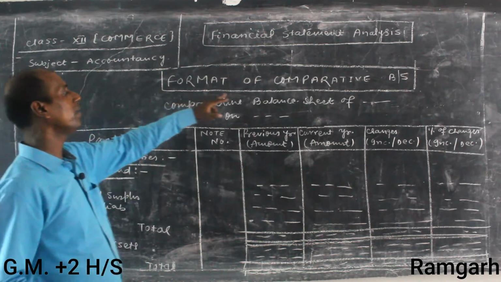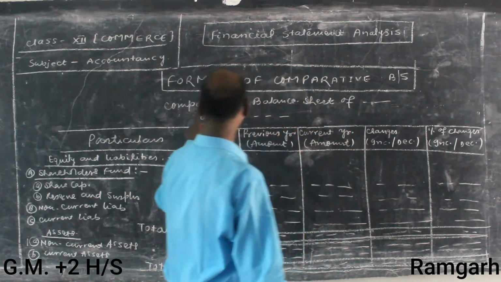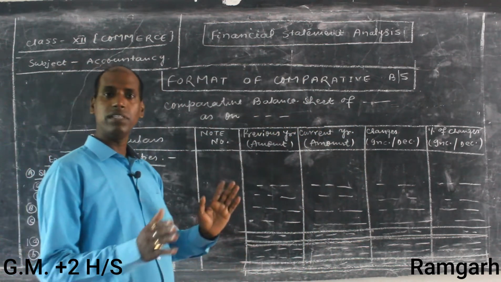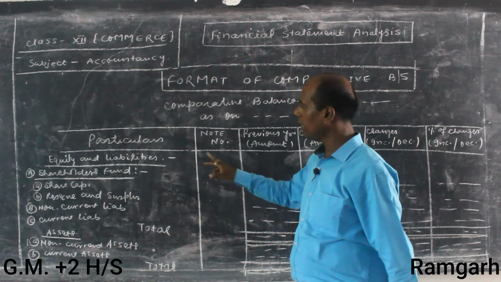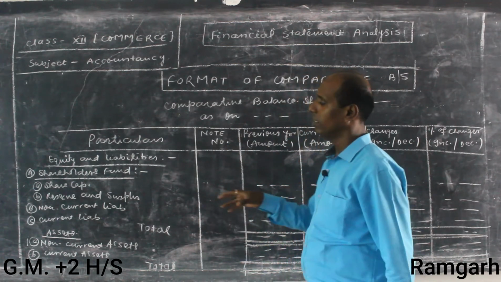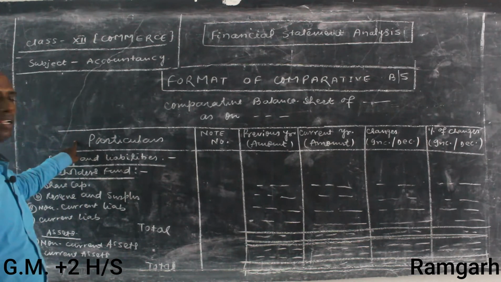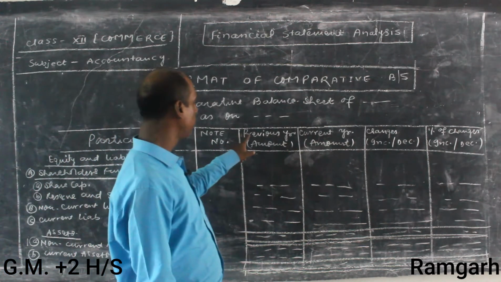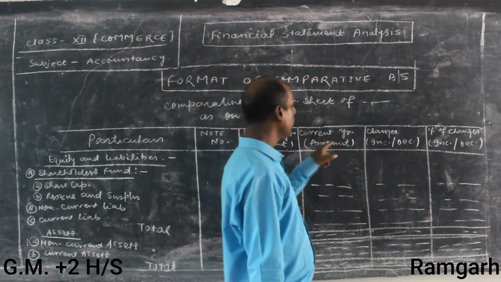Here, comparative balance sheet of a particular limited company, as on the ending date of the organization. Now whatever columns arise here: particular, note number, previous year and current year's amounts, then changes.